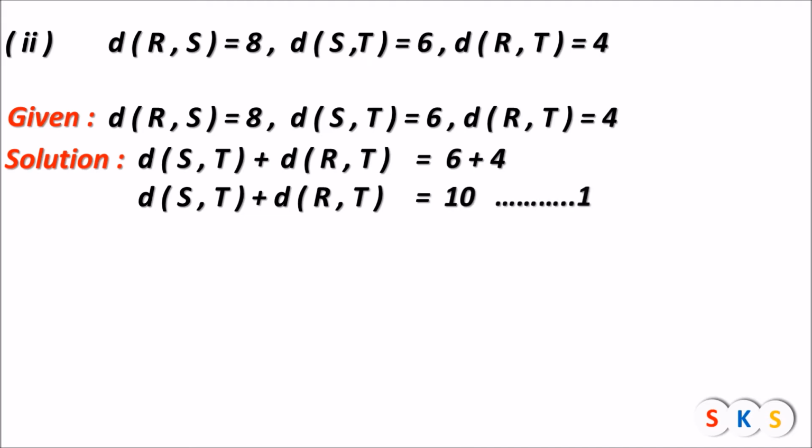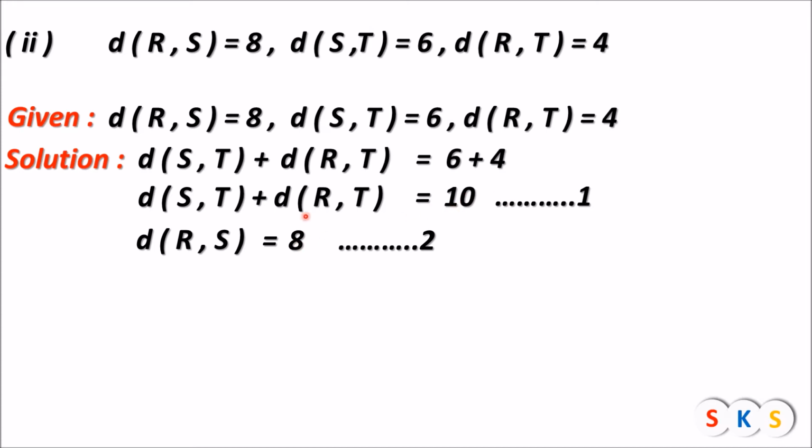We will take this as equation number 1. Now the remaining third distance is 8, that is distance RS is 8. We'll take this as equation number 2. Now look at equations 1 and 2. Here the right hand side of equation number 1 is 10 and the right hand side of equation number 2 is 8. That means the right hand sides of equations 1 and 2 are not equal.